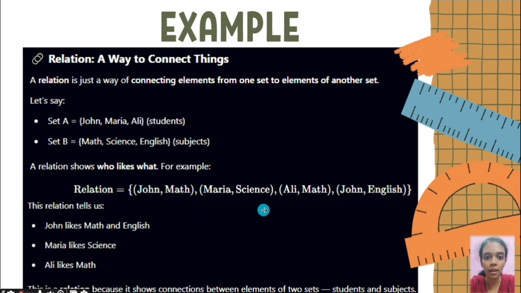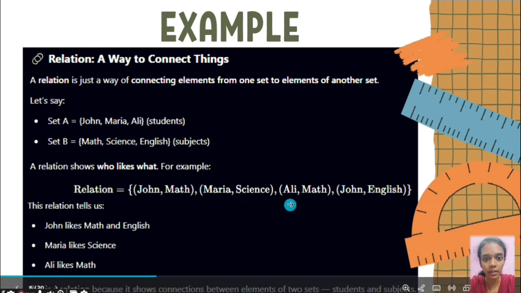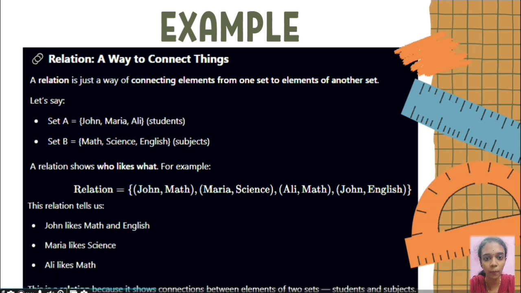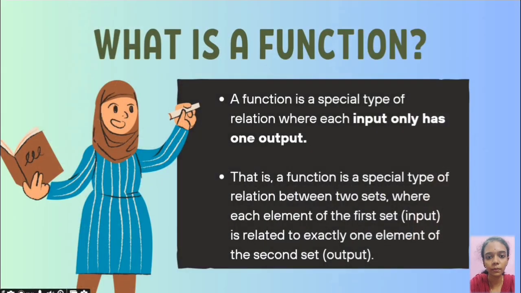These pairs tell us John likes math and English, Maria likes science, and Ali likes math. So this relation helps us clearly show connections from students to the subjects they like. We got a clear idea of what a relation is.